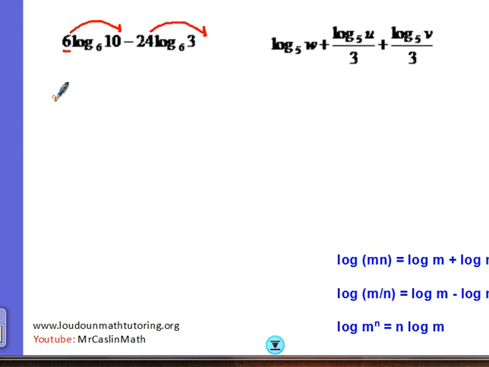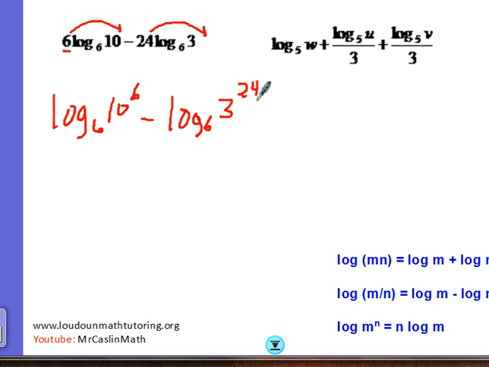I'll just put the best we can get until I get a good stylus. So all we've done is execute this property in this direction.